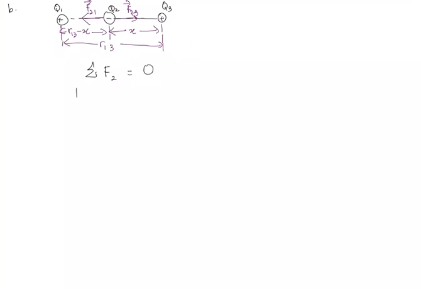So F21 minus F23 equals 0, or you can also write F23 minus F21 equals 0. So actually F21 equals F23. This is the concept actually.